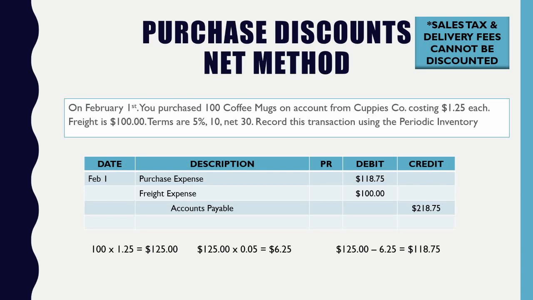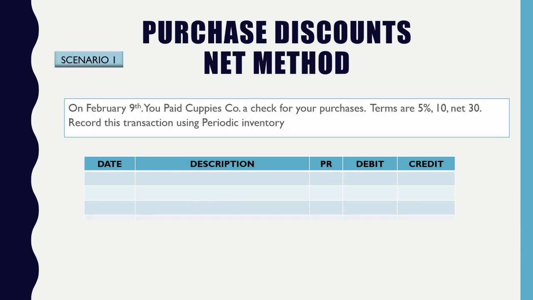Then scenario number 1, it is now February 9, and you paid within the discount period. You're going to record it as if you paid what you owe, which is $218.75, because you've already discounted the amount. You've already acknowledged that you discounted the amount and that you paid for it.